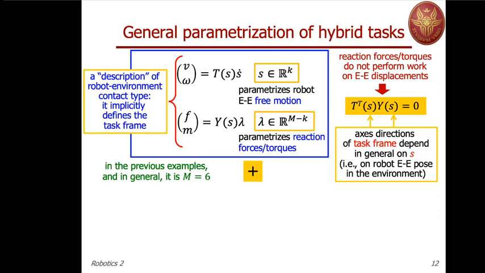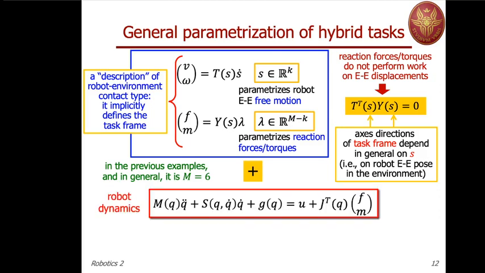So we add to this what? Indeed, we need the robot dynamics. Which dynamics? The one which includes generalized forces or wrenches in our formulas applied to the end effector. So on the right-hand side of the Euler-Lagrange equation, we will have the command U generated by the motor torques, and then J transpose, the geometric Jacobian in this case, multiplying a generic wrench.